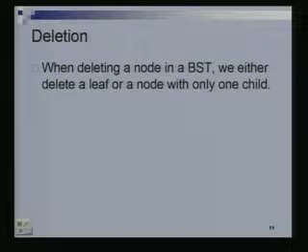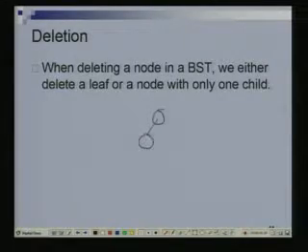In an AVL tree, if I tell you here is a node which has only one child, what can you say about that child? Can this node have another child? No. If it had a child like this, then there would be a height imbalance here. So it cannot have this child or this child, which means this child is a leaf.